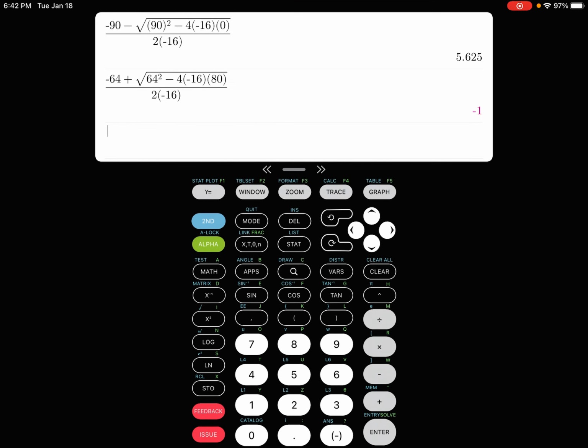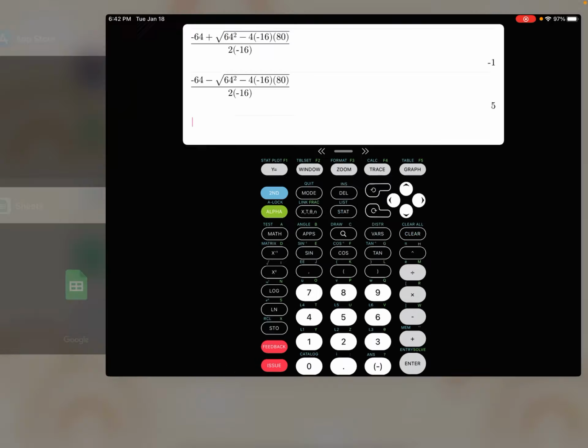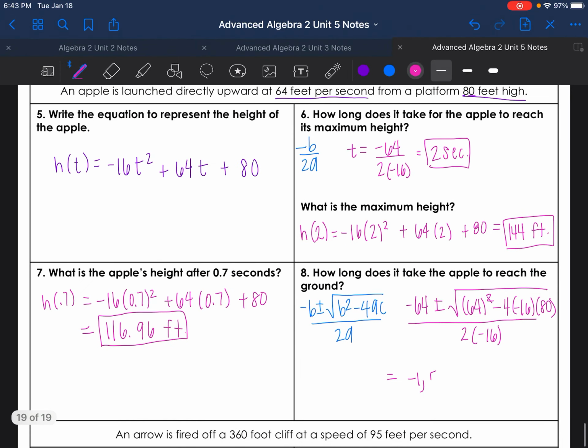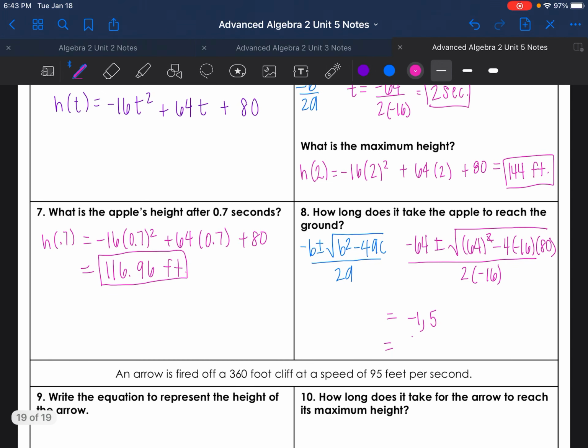And then I'm going to arrow up until that's highlighted and hit enter, and scroll over till I'm right there in front of it, hit delete and change it to minus, and we get 5. So the one that actually counts for these problems is the 5 seconds.